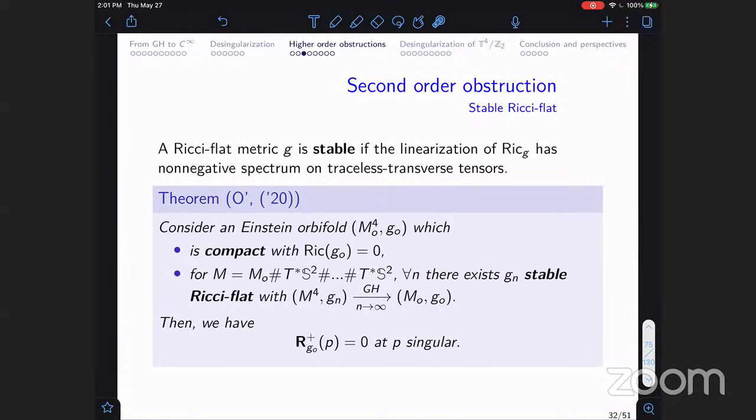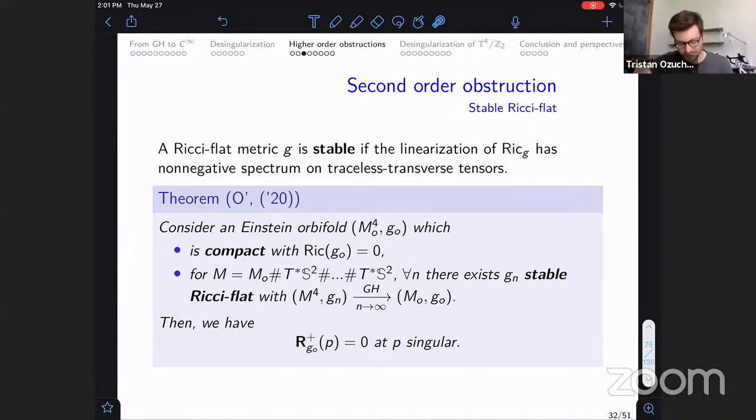You said something about having looked at things up to order 10 or something. In practice, what are you doing to compute such a high order? Yeah, that's a good question. So for the first order, you have two metrics that you want to glue together.